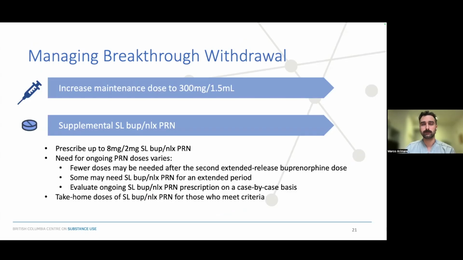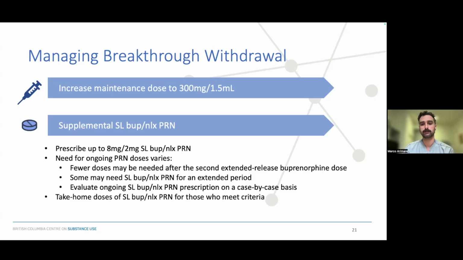And so, collaboratively determining dose adjustments with the person receiving care based on their symptoms and their experience. If an individual requires more than 8 milligrams of sublingual buprenorphine per day, you can also consider calling the BCCSU 24/7 addiction medicine clinician support line.